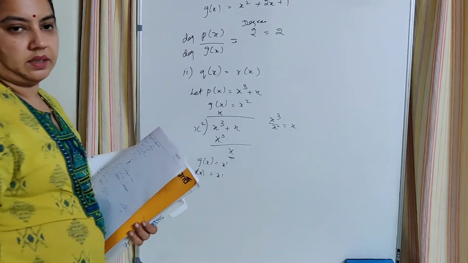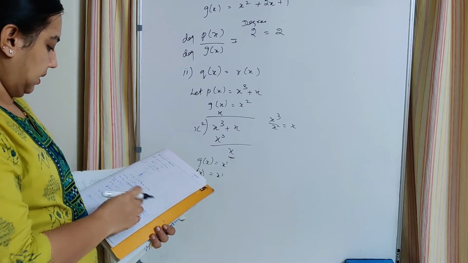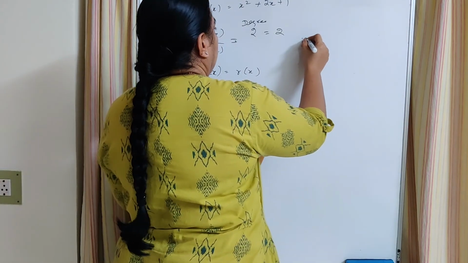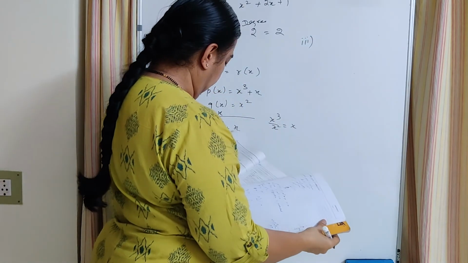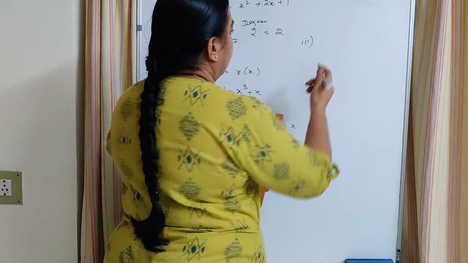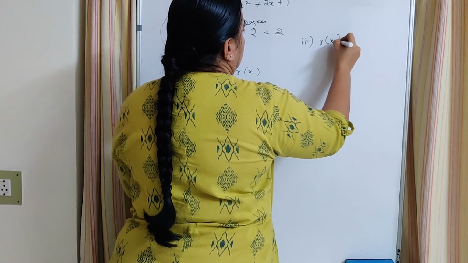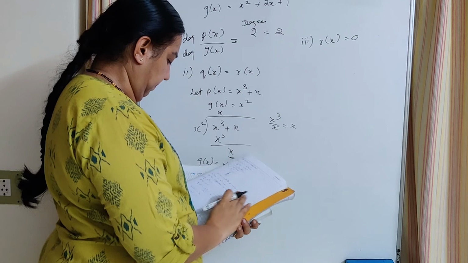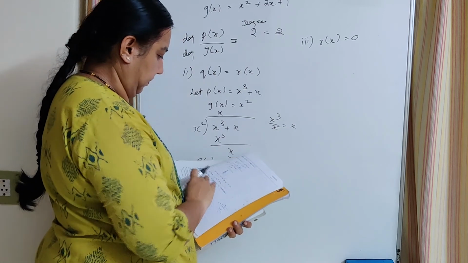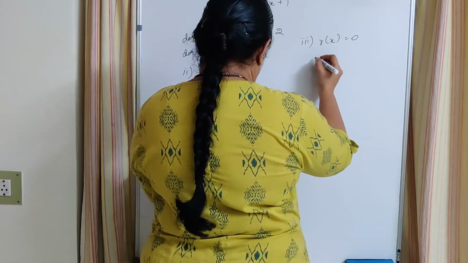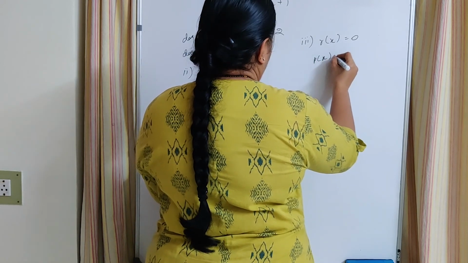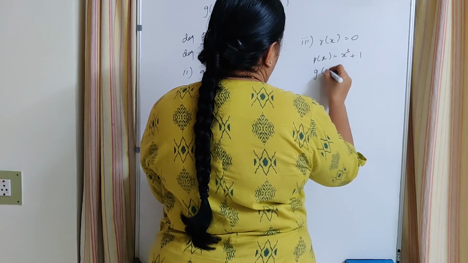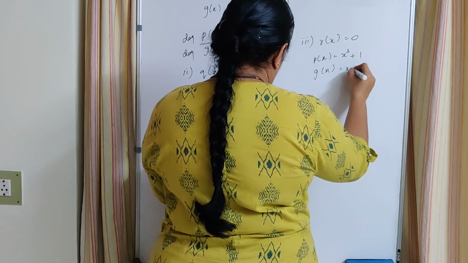These are the required. Then the next sum, the third sum. Here they asked to give an example of remainder of x is equal to 0. They want to give an example like that. So if I am going to take p of x is equal to x cube plus 1 and g of x is equal to x square.